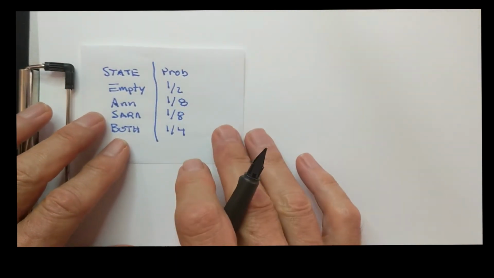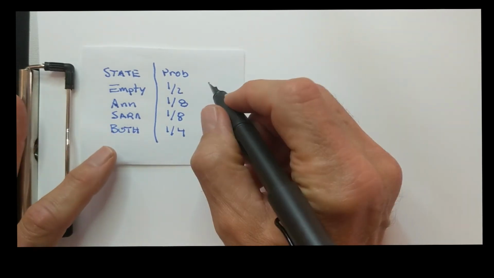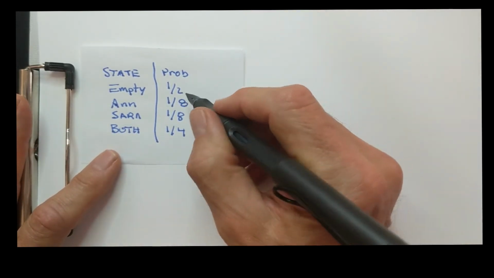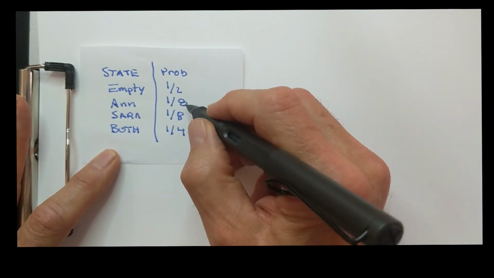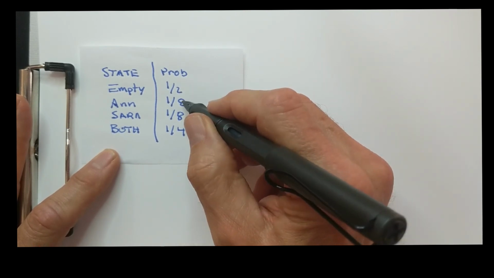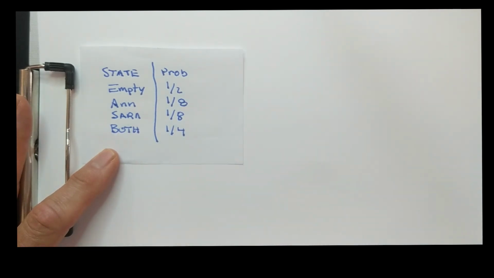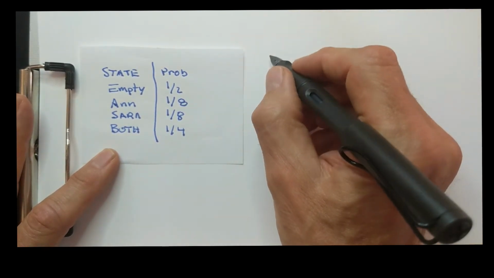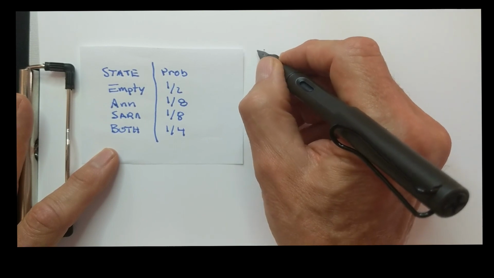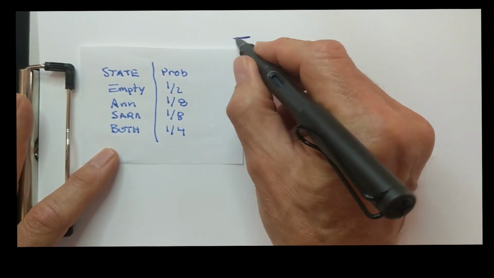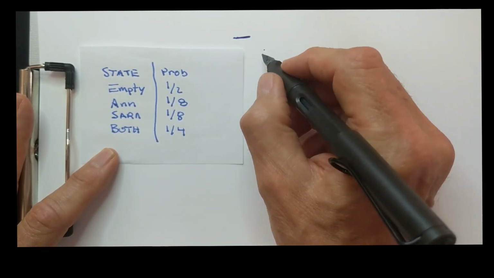Finally, let's look at the original example we were looking at. This one here, where we're investigating who's in the house. Half of the time it's empty, a quarter of the time both people are there, and 1/8 of the time Anne is there, and 1/8 of the time Sarah is there. So that probability is this. I'll just remember that we negate it at the very end.